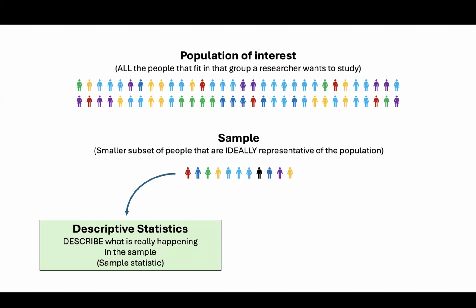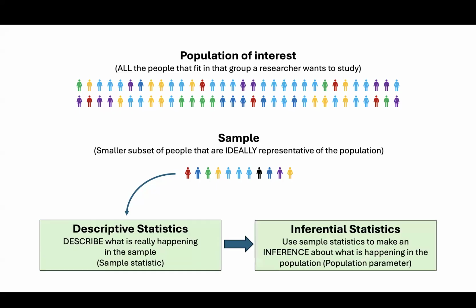Then what you do a lot of the time, not always, but a lot of the time, is that you want to use a sample to draw a conclusion about a larger population. So to do that, there's a lot of different types of inferential statistics.